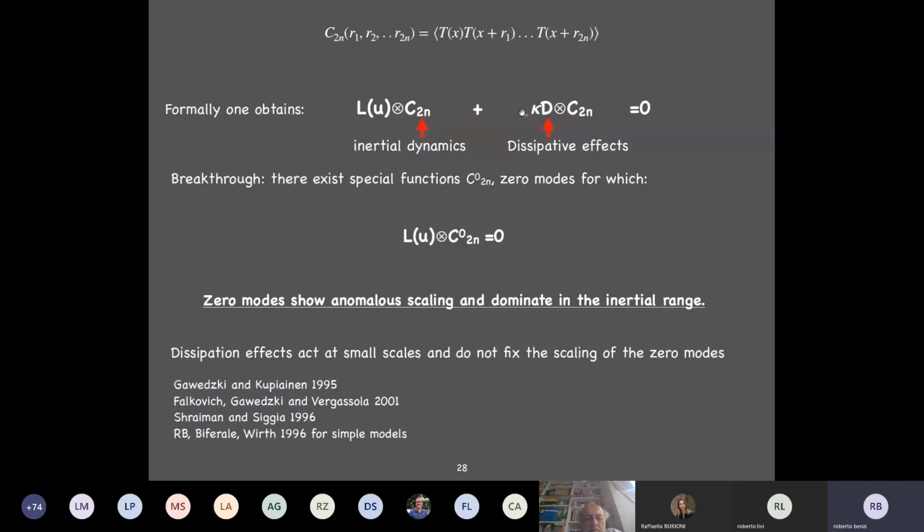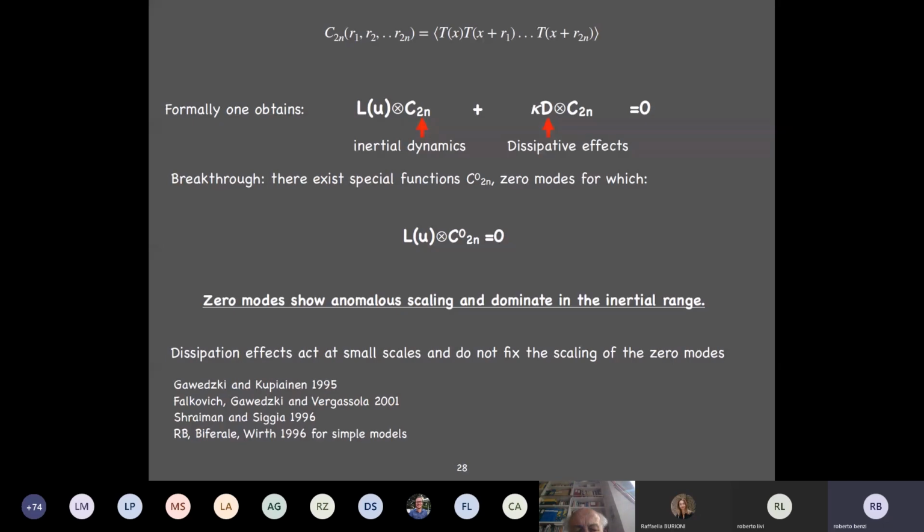Now, Kraichnan assumed that these two quantities should be balanced, but you can look at this quantity by itself, and you discover that there are solutions of the equation, transport field multiplied by this correlation function equal to 0. These solutions are called zero modes, and the most astonishing result is that the zero modes not only show anomalous scaling, but also dominate the inertial range in the system, regardless of any viscous effect.